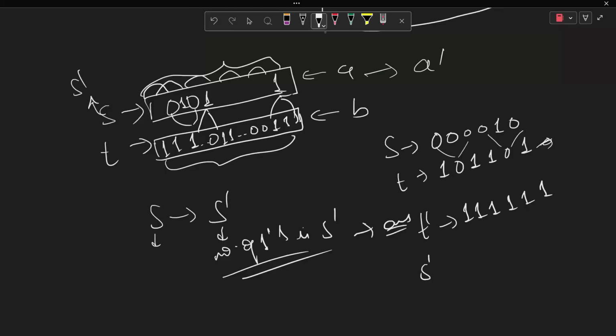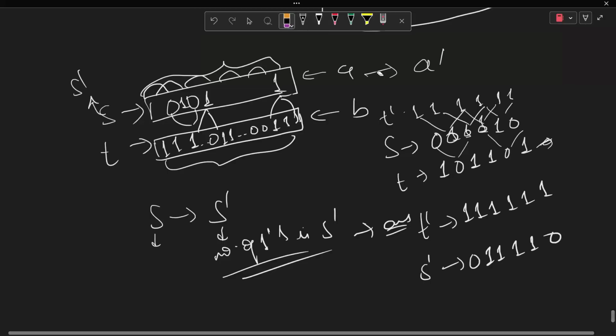You would try to have more and more ones. So if you have a T dash of 1, 1, 1, 1, 1, 1, you can convert this to a 1, convert this to a 1. Okay. You can convert this to a 1, and this is already a 1. So S dash you would have 0, 1, 1, 1, 1, 0. This would be your S dash.